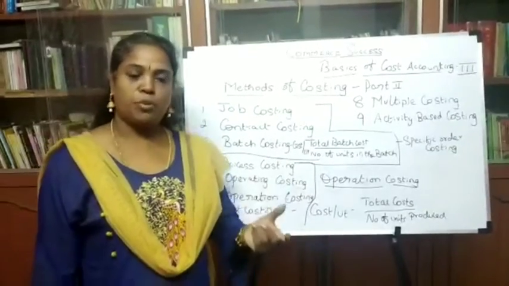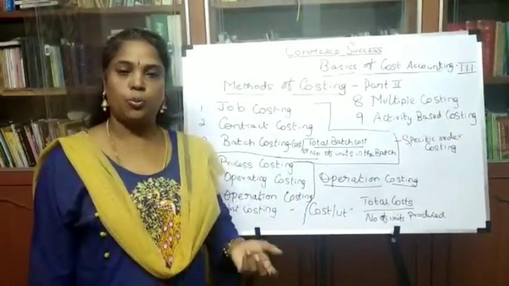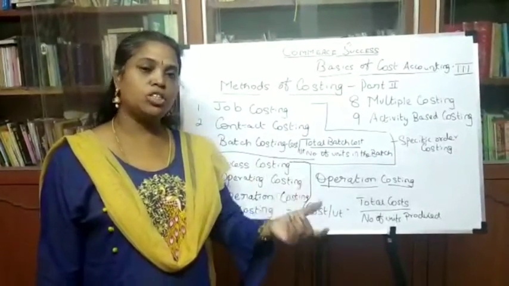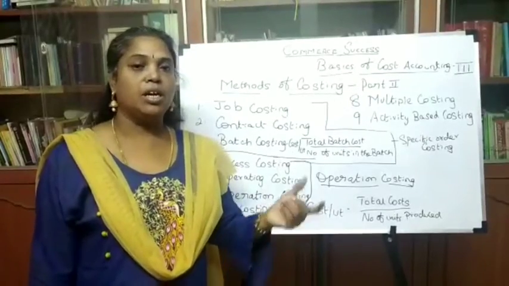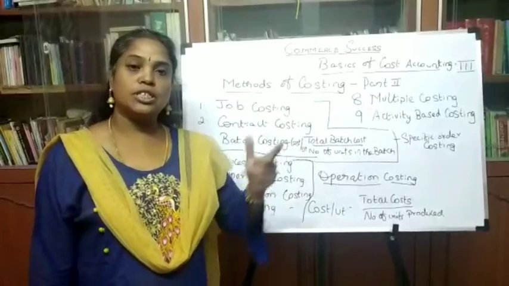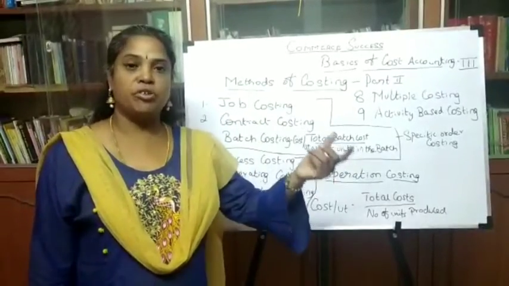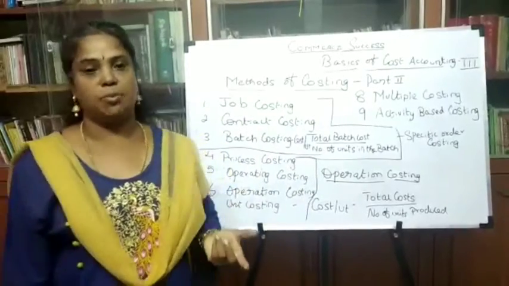Now, after the processing of the first process, you may get say 80 units of output. Now, this 80 units of output becomes the input of the second process. So, the processes are a continuous sequence. So, in the second process, the output of the first process becomes the input for the second process.